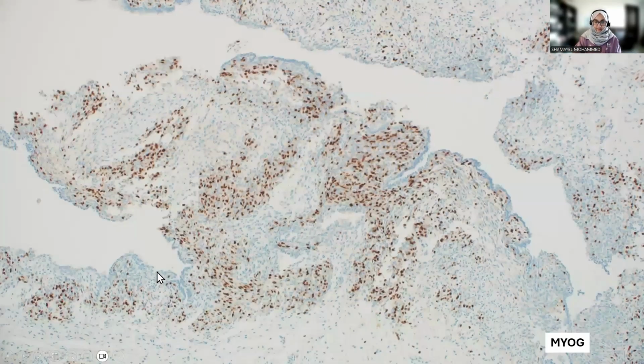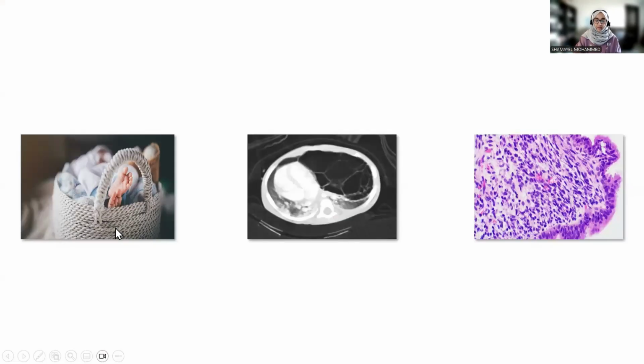So if we put everything together, we have a young baby who presented with a cystic lung mass, and sections showed epithelial cystic spaces with epithelial lining and underlying primitive looking atypical mesenchymal cells, high N/C ratio, Desmin, myogenin, and MyoD1 positive.